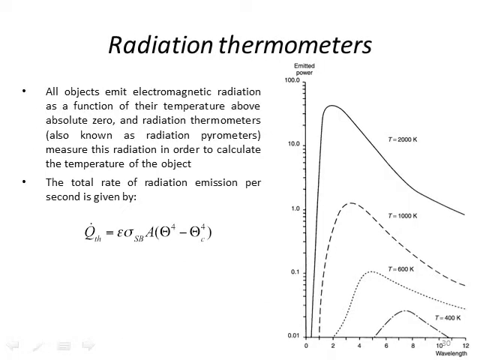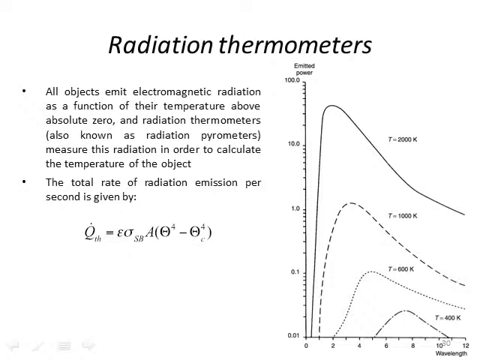And then we have radiation thermometers, which are quite powerful. These depend on heat transfer being proportional to the fourth power of the temperature that we want to measure. And basically, these are measuring electromagnetic radiation, right, in the far infrared ranges.